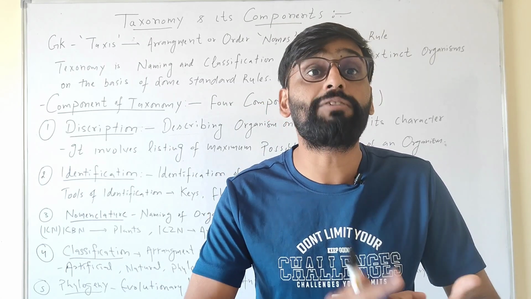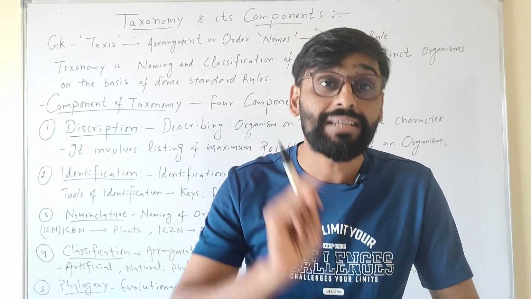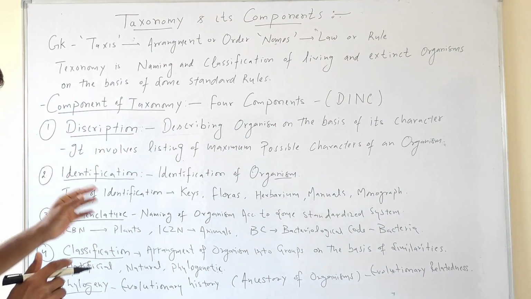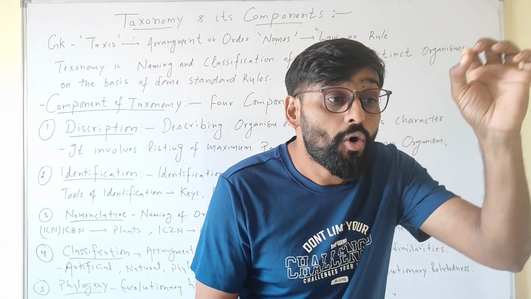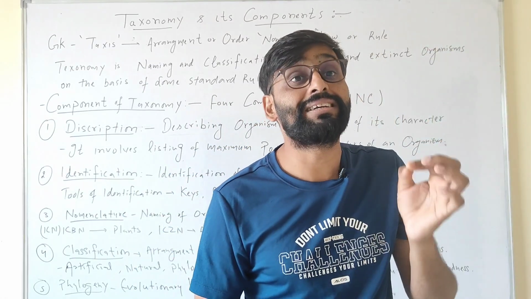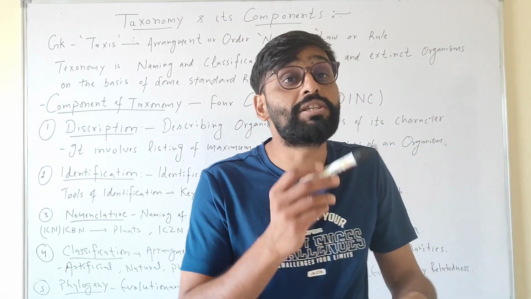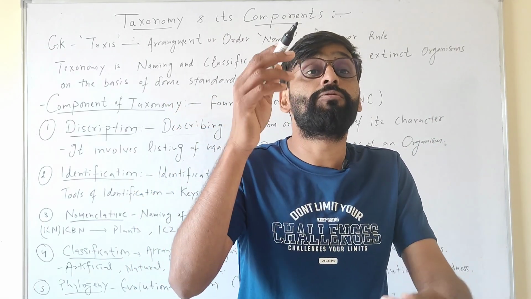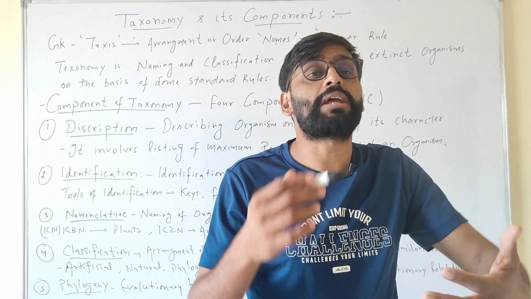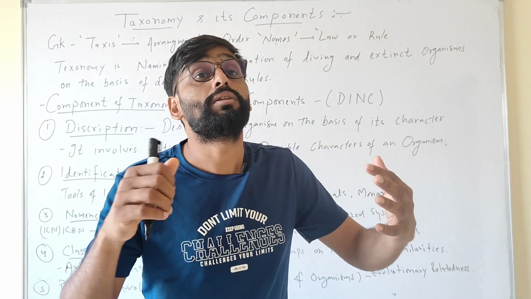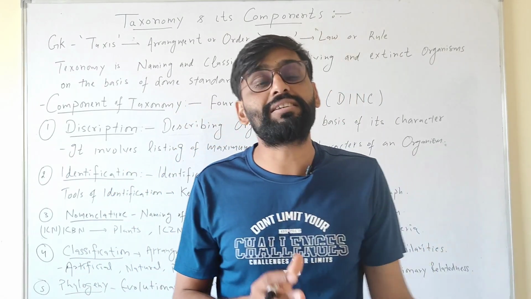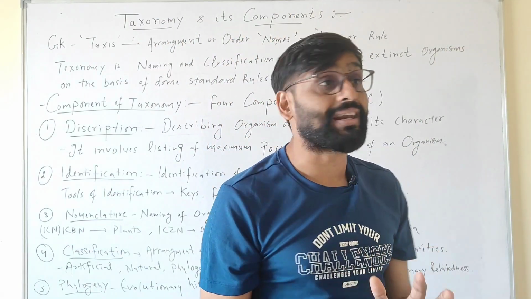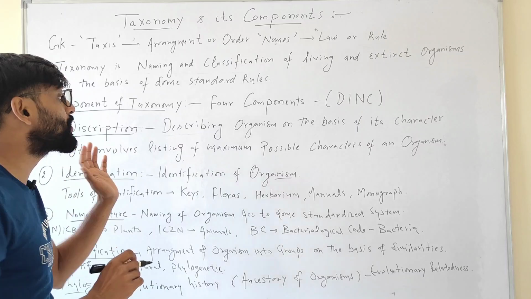The first step that a taxonomist, that a scientist, will do is describe it. He will write down all of its diagnostic characters: whether it is a herb, shrub, or tree, which type of leaf it has, simple or compound, which type of stem, which type of venation, the floral arrangement, which type of flower, which type of inflorescence.